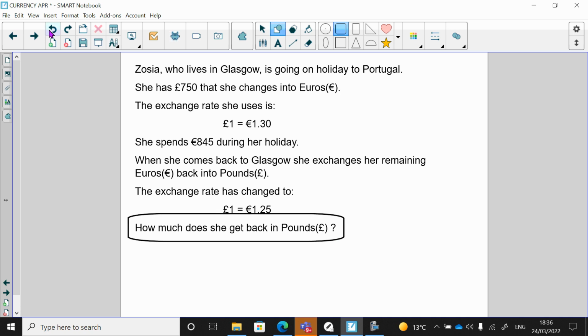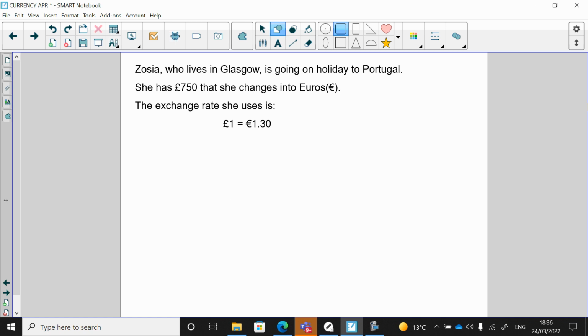Right, so we're just going to break this down into parts. Why don't we go and exchange the £750 into euros? We can see for £750, we've got our exchange rate there, £1 to 1.30.